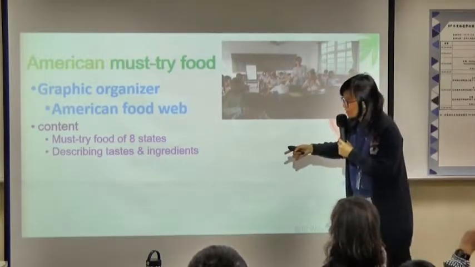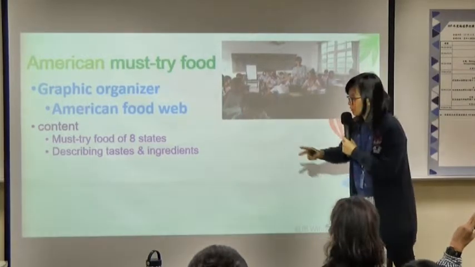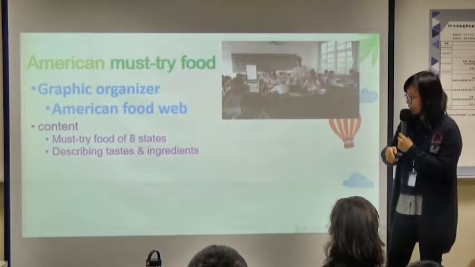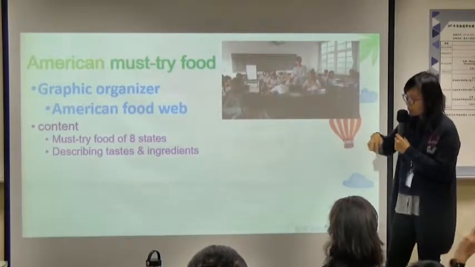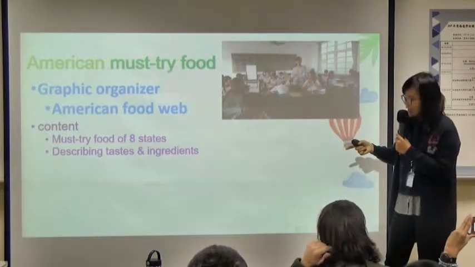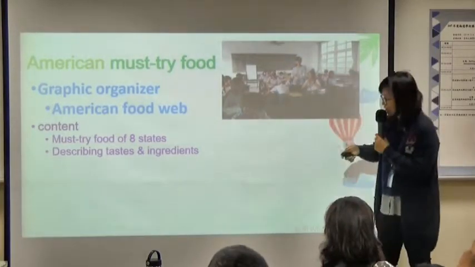In this lesson, we introduced 2 famous must-try foods from 8 states. Okay, and students need to guess when they see the picture of the food. They need to guess how it tastes and what it is made of, what the ingredients inside the food are.